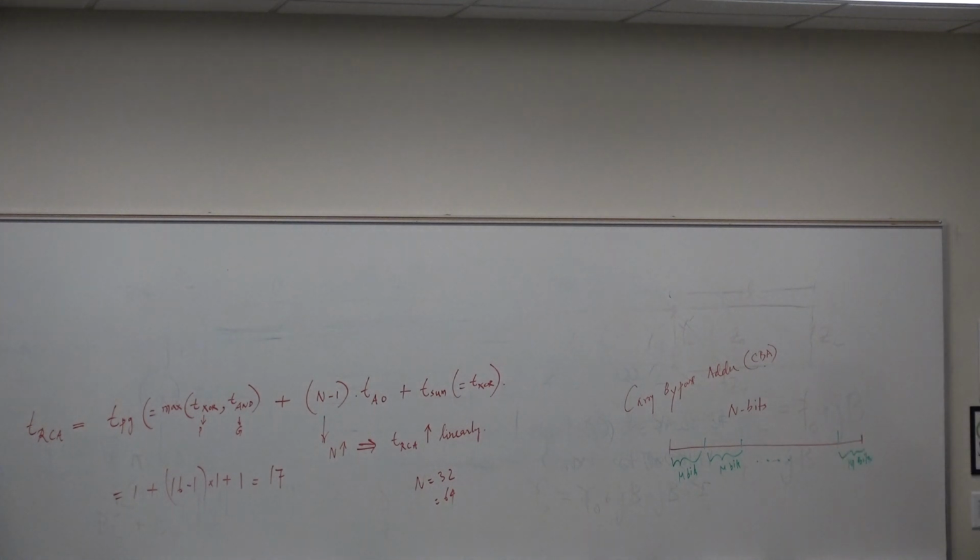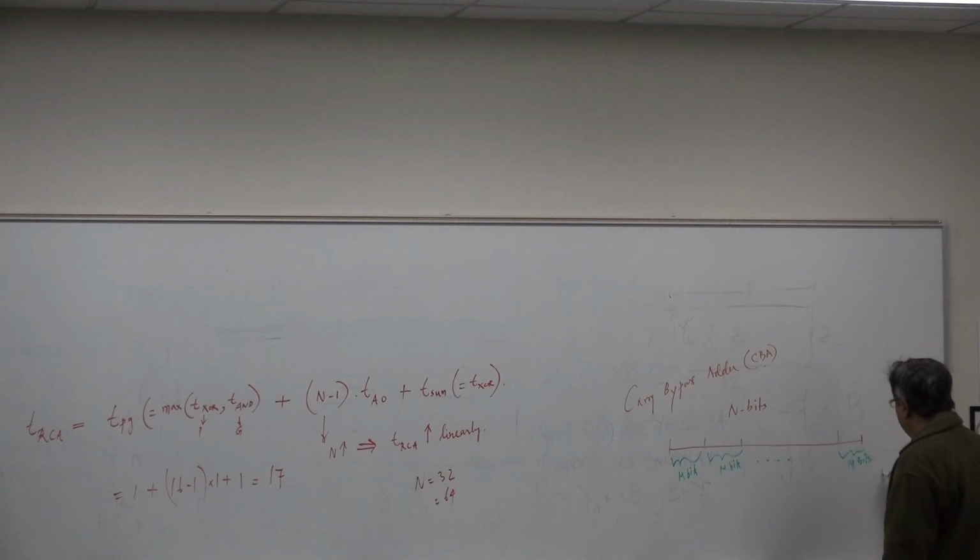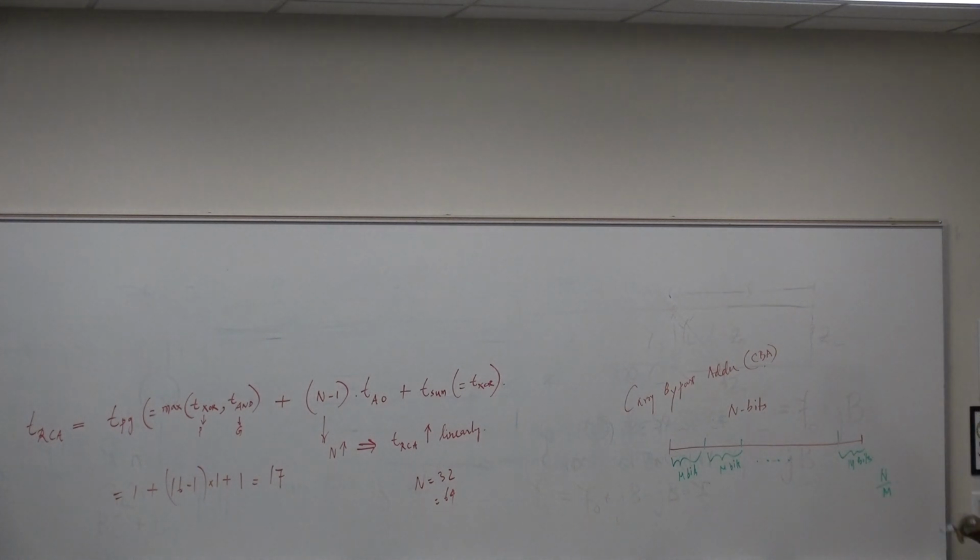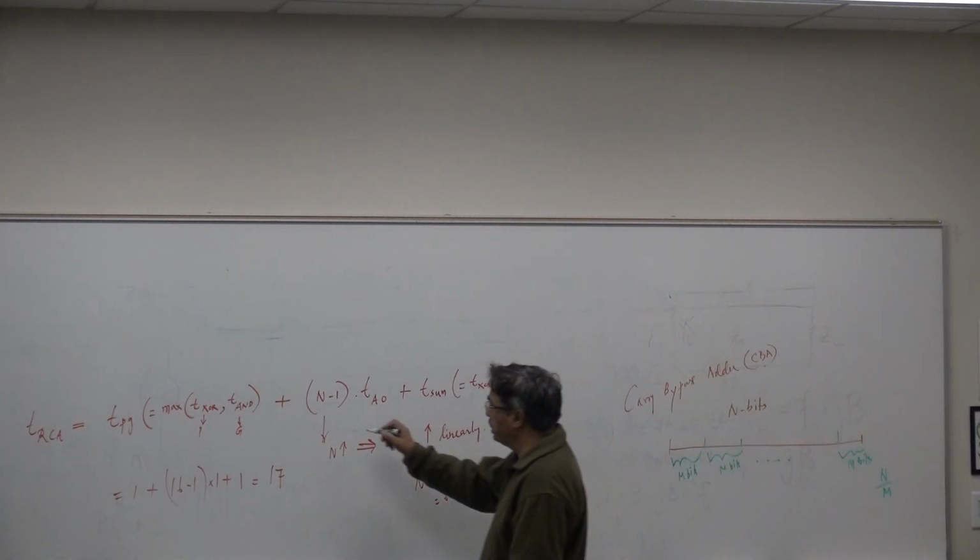So we will have n by m chunks of m bits. Now, first of all, our job will be to find out how we can reduce the delay, because this delay grows linearly.